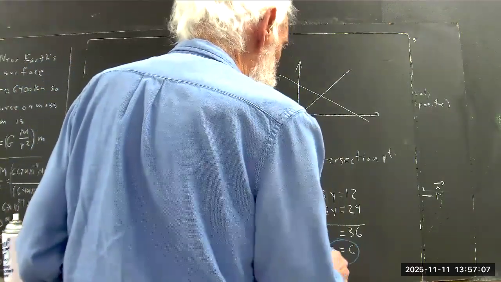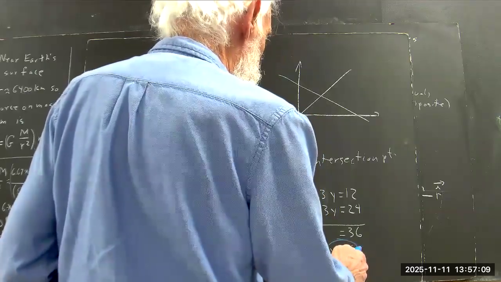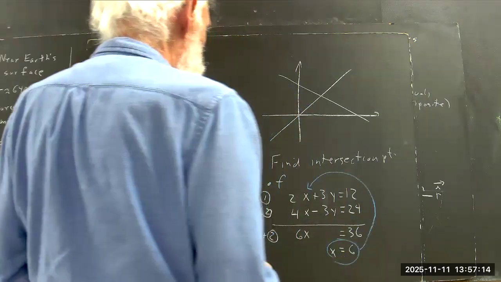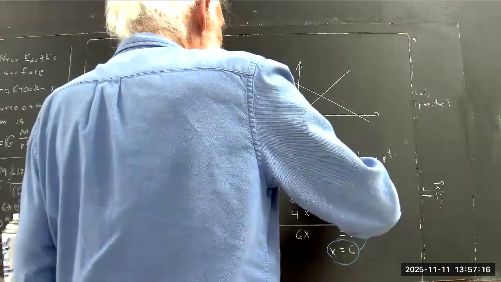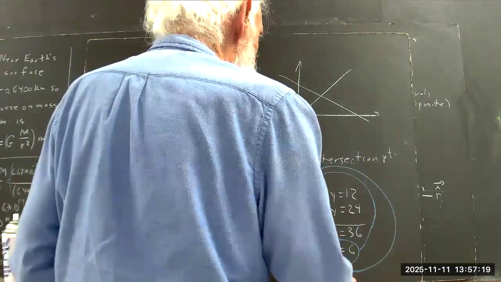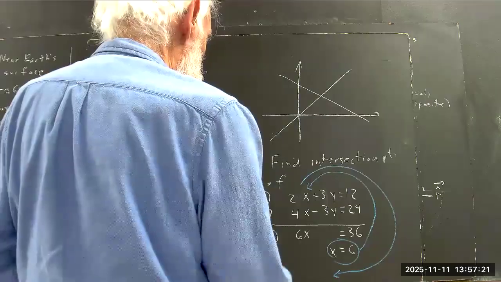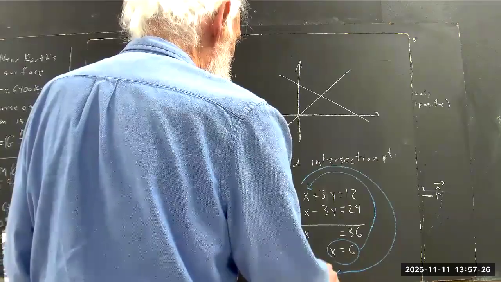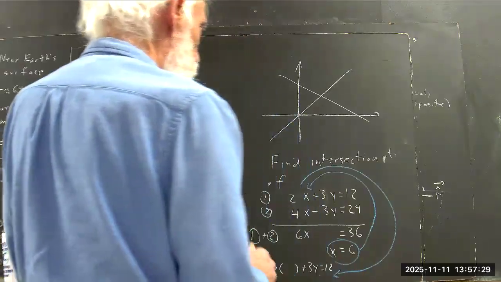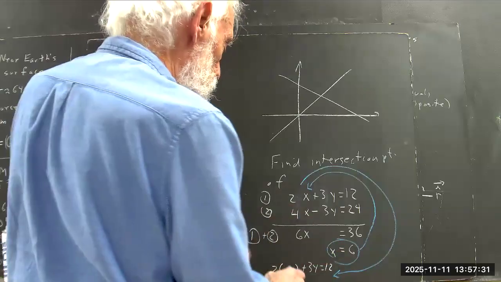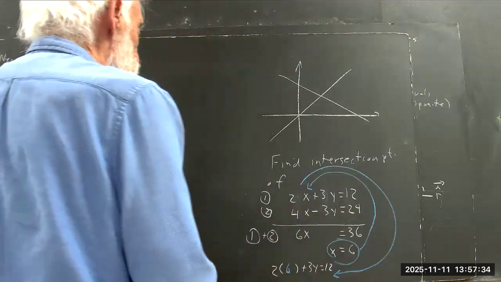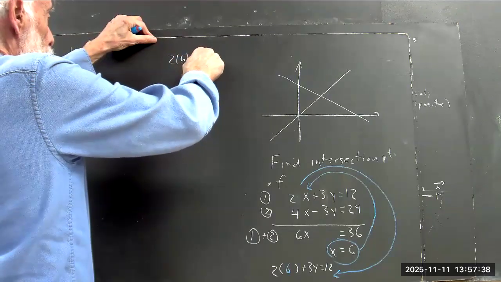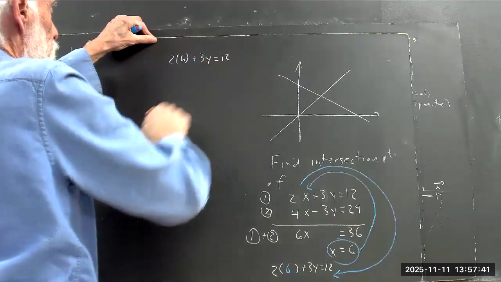Now I take that value and I plug it into either equation. It's easier to get my arrow to the top equation. So I'm plugging in here, and that gives me the equation 2 multiplied by 6 plus 3y equals 12, where I'm substituting 6 for x. So let's write that up here again. I get 2 times 6 plus 3y equals 12.